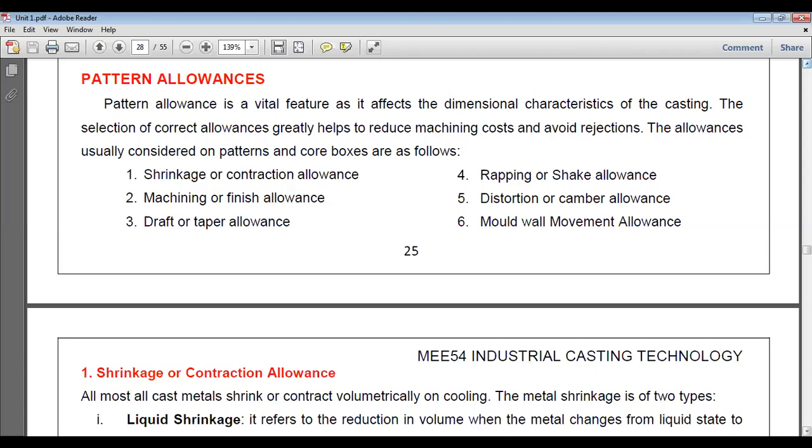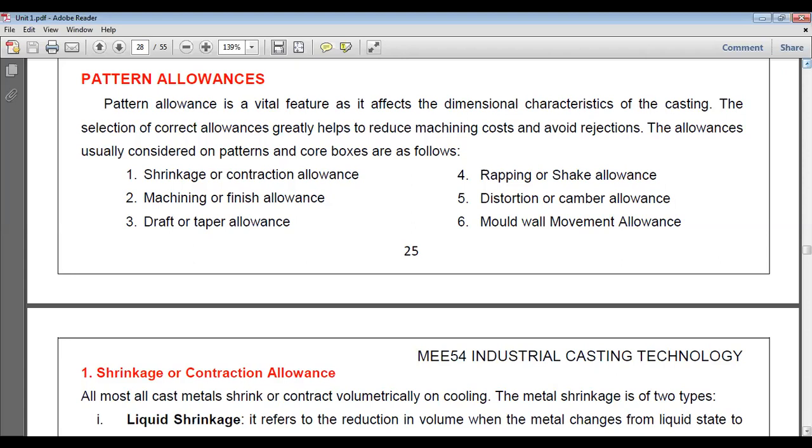And what is this slightly larger dimension? This is the dimension that is added to the pattern, and that is not the case with the original casting. So if a part is to be made of 10 millimeter, we keep the pattern slightly larger, maybe 11, maybe 12 mm.